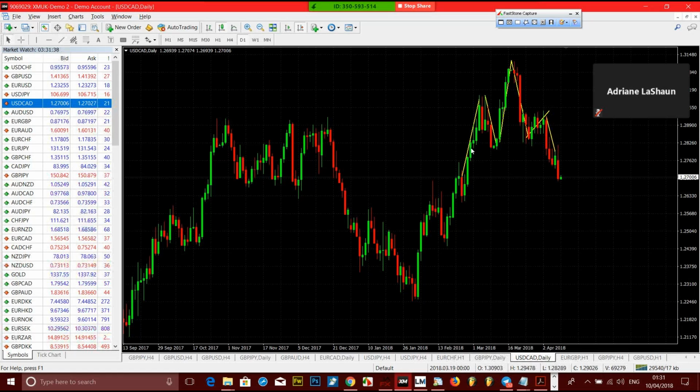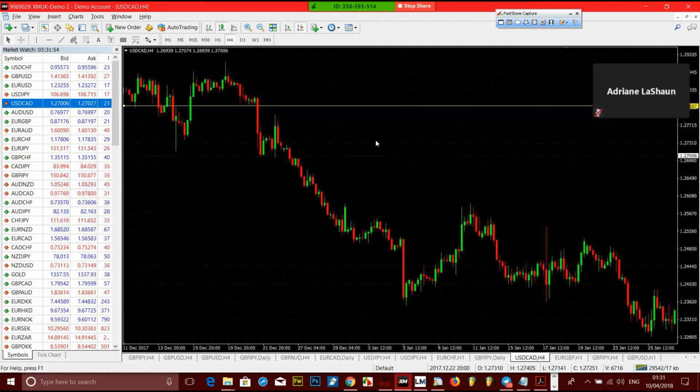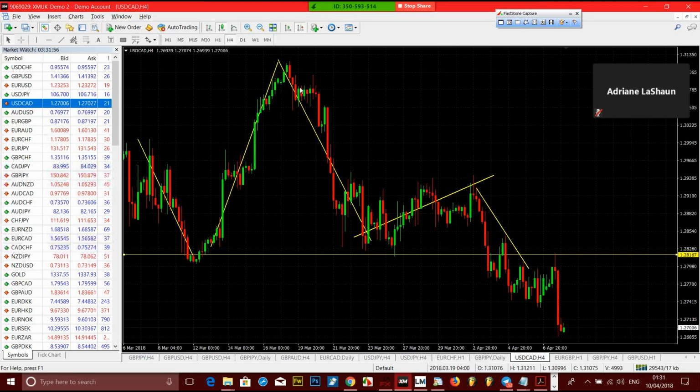Yep. So this is the neckline. I'm just going to put some horizontal lines. Okay, so this is what we saw. In fact, I posted it in the group as well. We saw that come. It did this before.